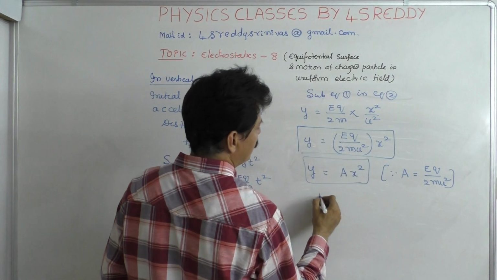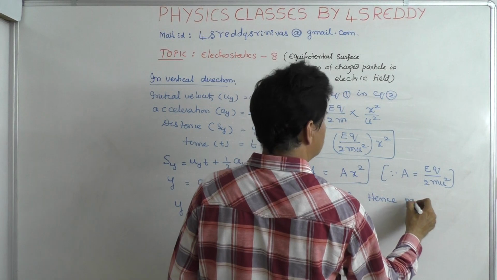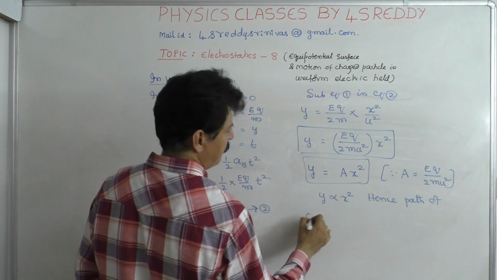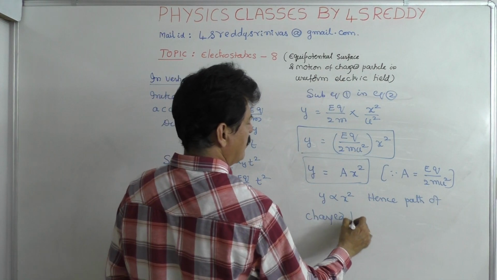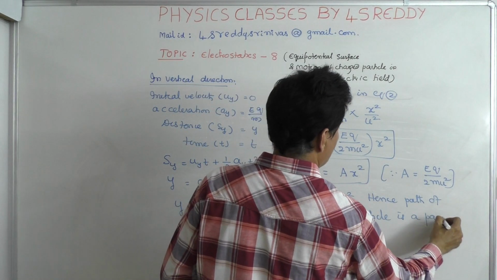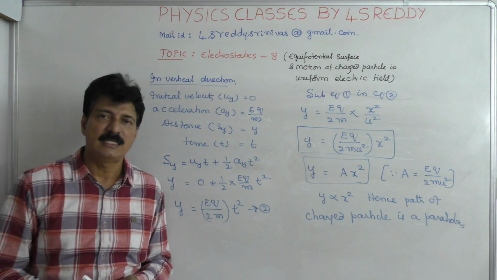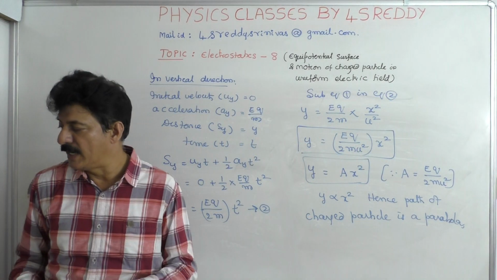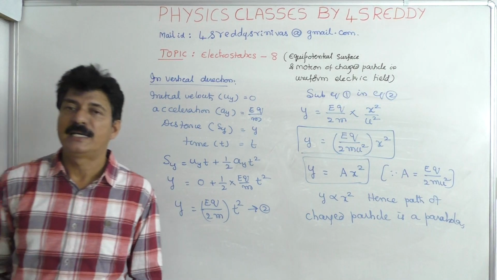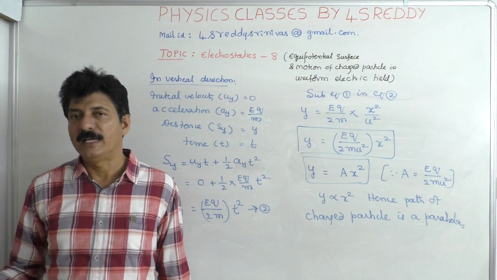This represents y proportional to x square, hence the path of the charged particle is a parabola. So in that case, the path y is proportional to x square, hence the path of the particle is a parabola. Am I right?